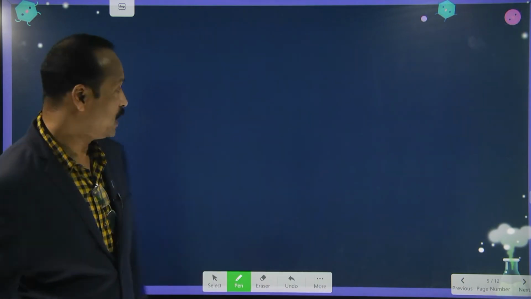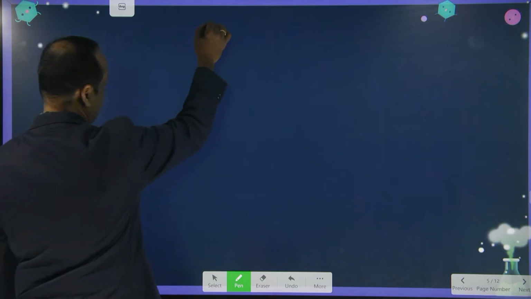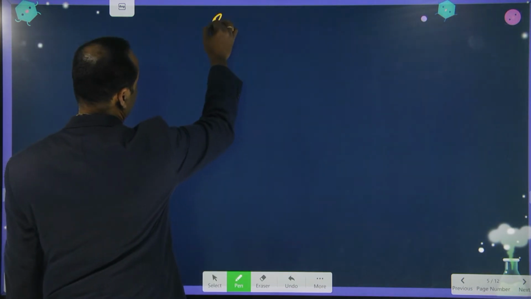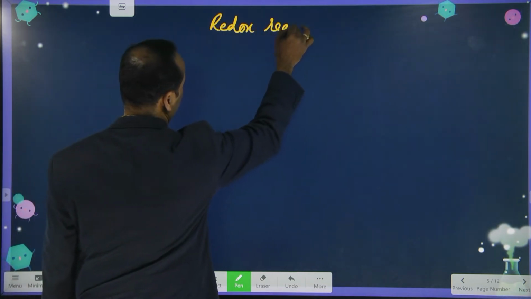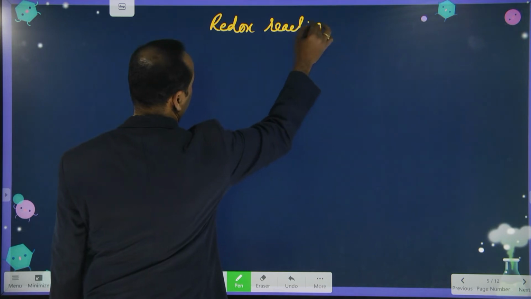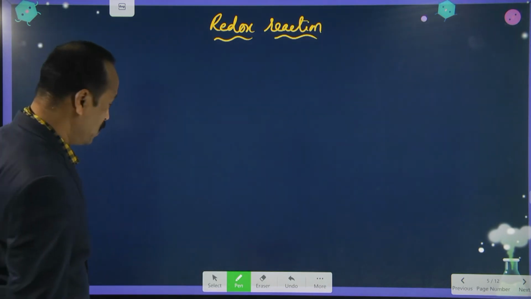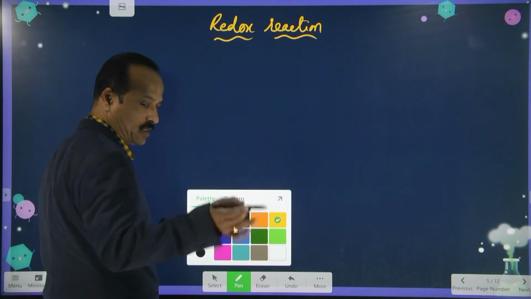So now here you see, now I am going to discuss the redox reaction. What is the next one? Redox. Can you say what's the meaning of redox? So redox reaction is what? Very simple. You split this redox into two parts.